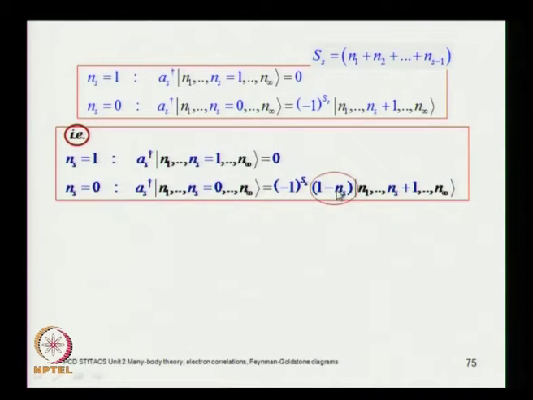If ns were 1, then 1 minus 1 would give you 0, which is the fact that you cannot create a particle in an already occupied fermion state.